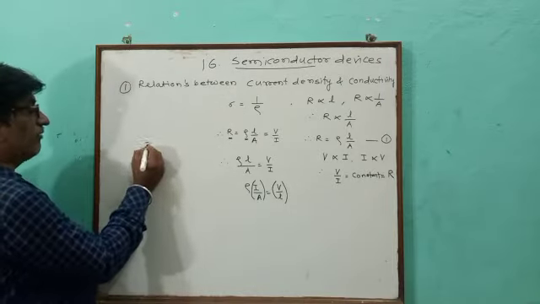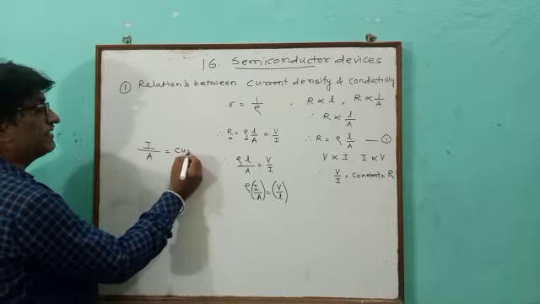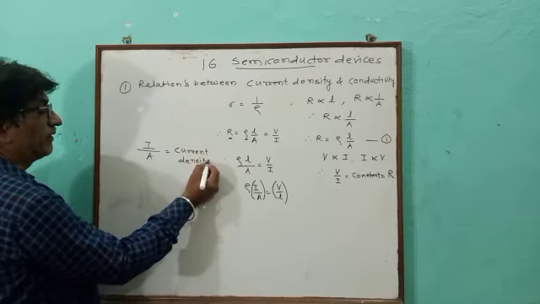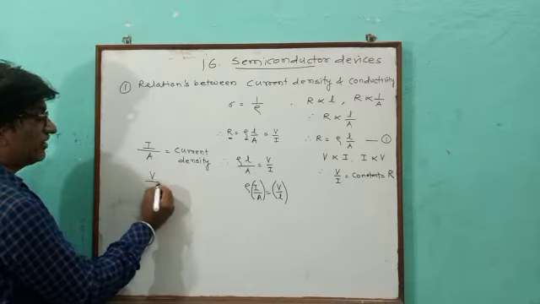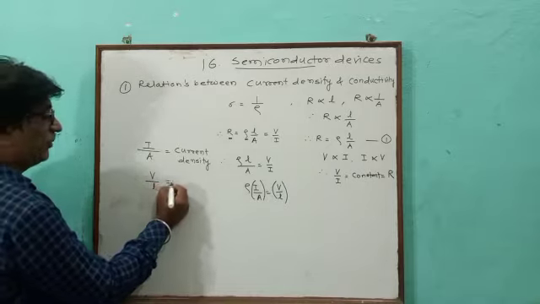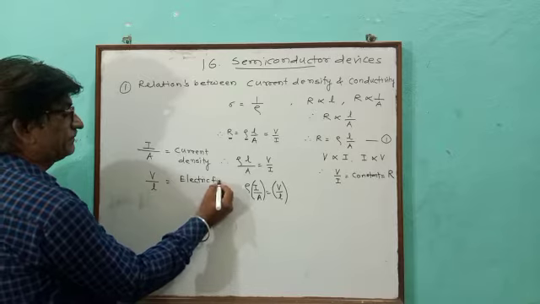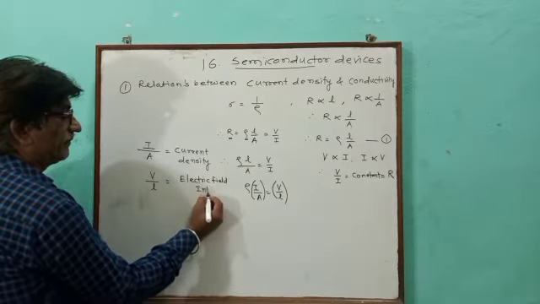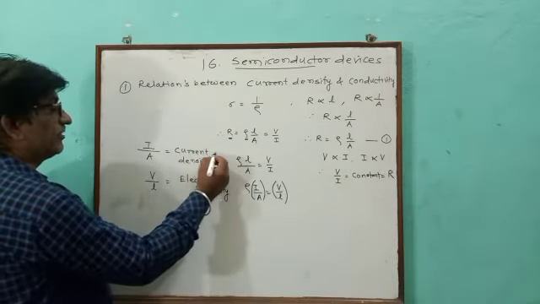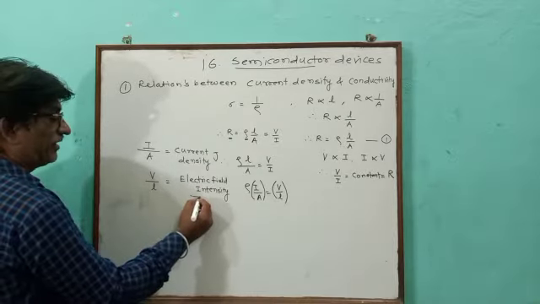The ratio of current to area is said to be current density, and the ratio of potential per unit length is said to be electric field intensity. Current density is denoted by J and electric field intensity by vector E.